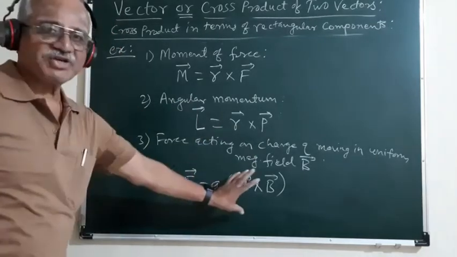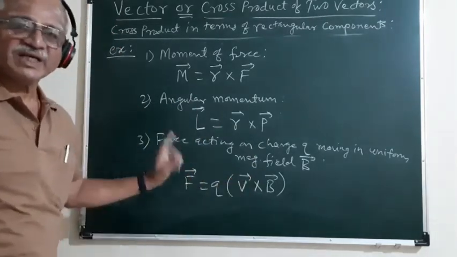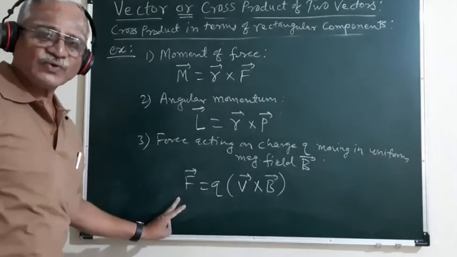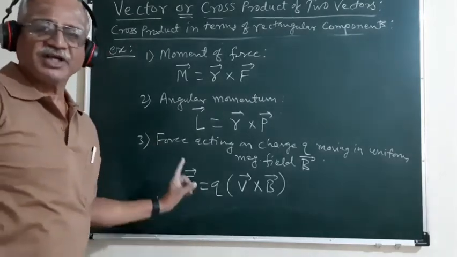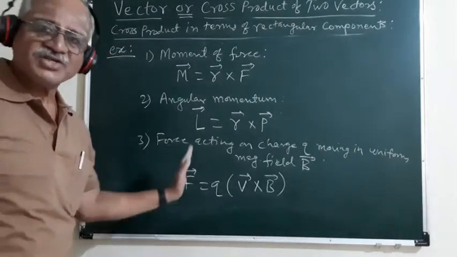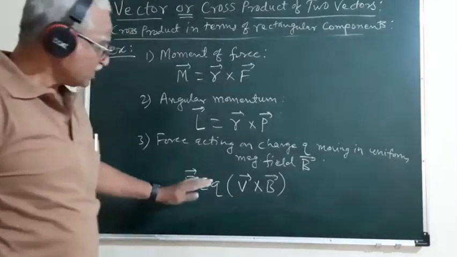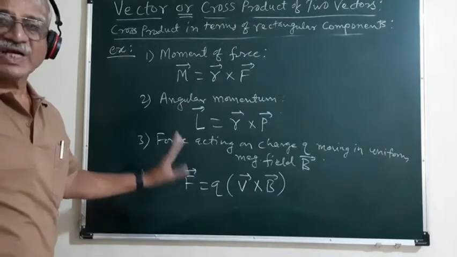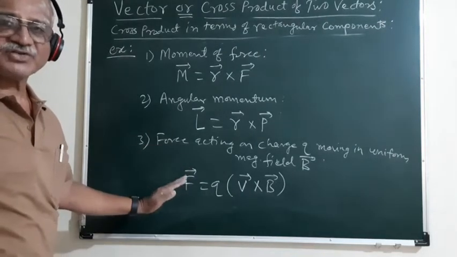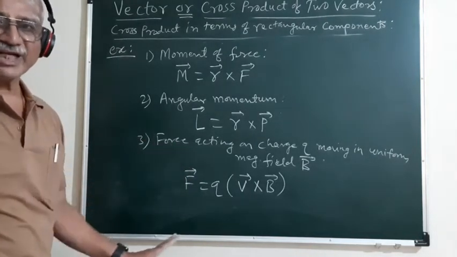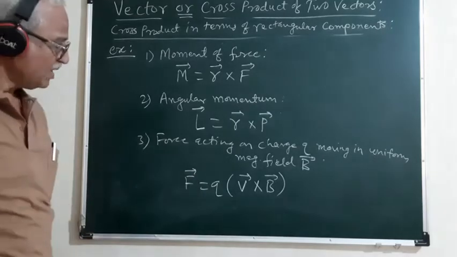So this force is called the Lorentz force and the equation is called the Lorentz equation. So this is the Lorentz force acting on a moving charge through a uniform magnetic field with the velocity v.